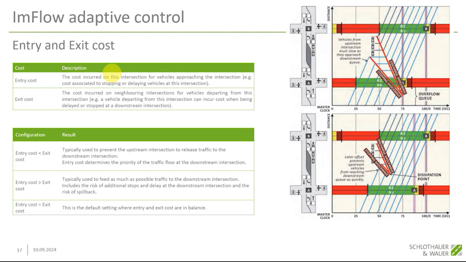If you are weighing the entry cost higher than the exit cost, then you will do everything possible so that there is no delay in the entry to an intersection. If you weigh the exit cost higher than the entry cost, then you might stop vehicles at the entry to a network because you don't want them to be delayed later on at the next intersection.